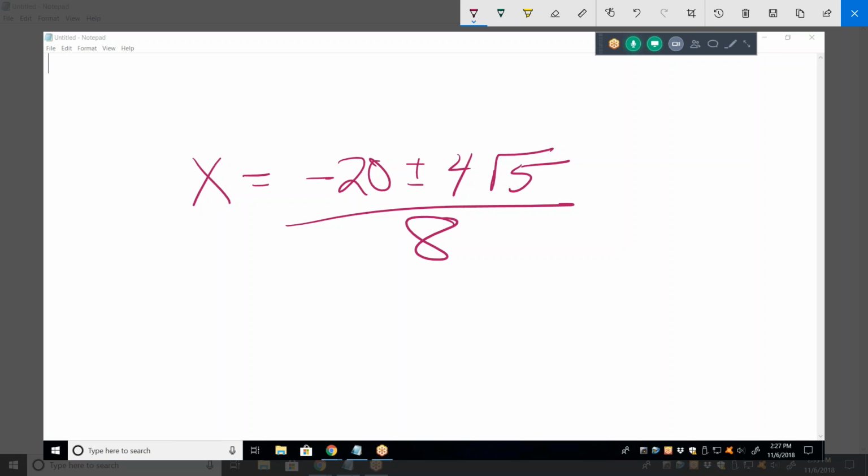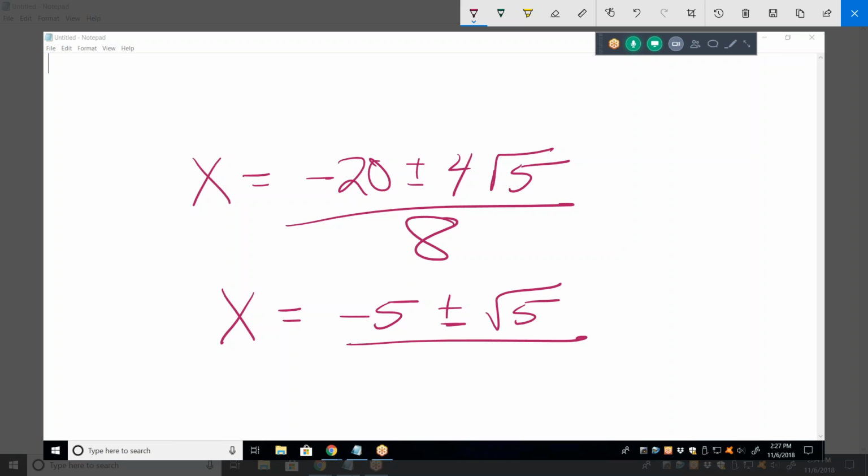Well, that's 4, not 8. I can divide 20 by 4, I can divide 4 by 4, and I can divide 8 by 4, okay? But I could not divide each one by 8. But I can divide top and bottom by 4. So if I divide top and bottom by 4, that's what the minus 20 becomes. The 4 becomes 1, so it's just that. And then on the bottom, I'm dividing by 4, so it becomes that.